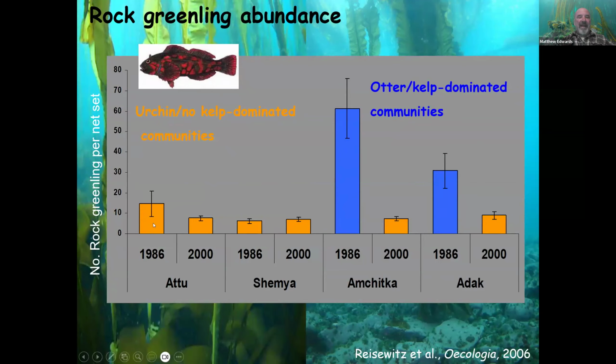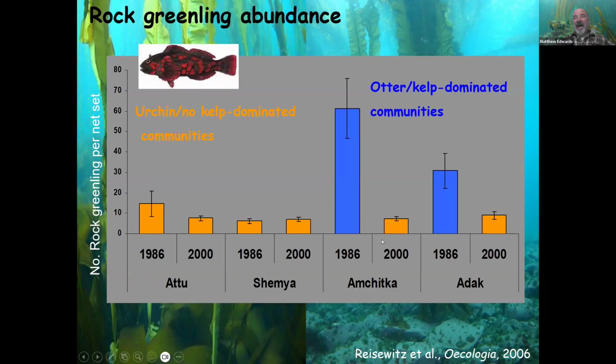And going back from the 80s on Attu and Shemya, this is before we saw some of the declines in some of the more eastern islands, but out in the west, we see that fish abundance was low going from the 80s to the 2000s, and same thing at Shemya.